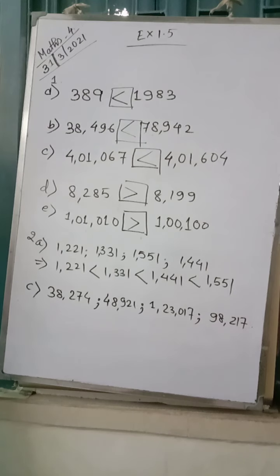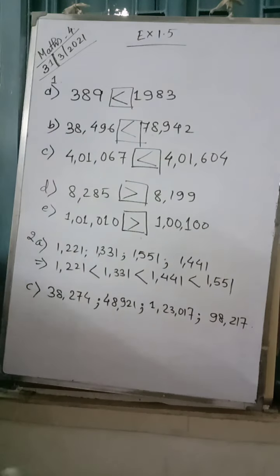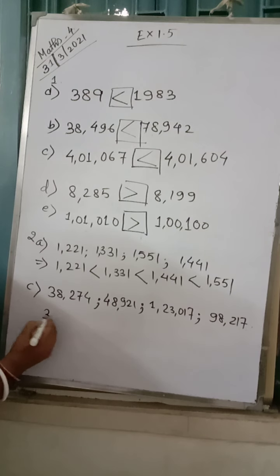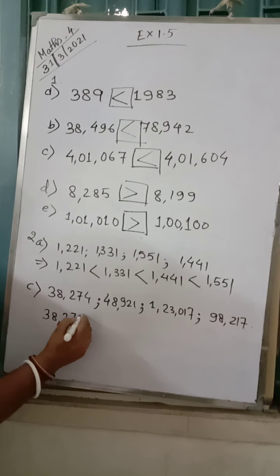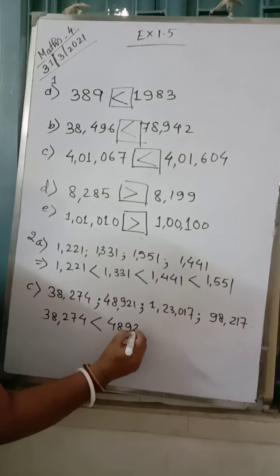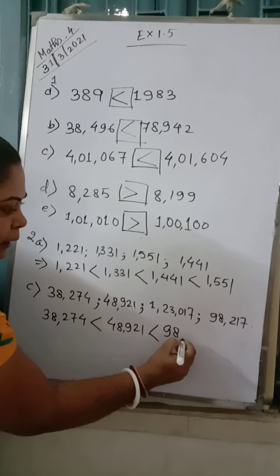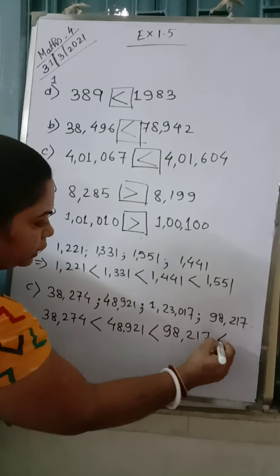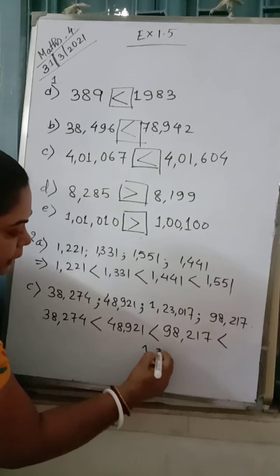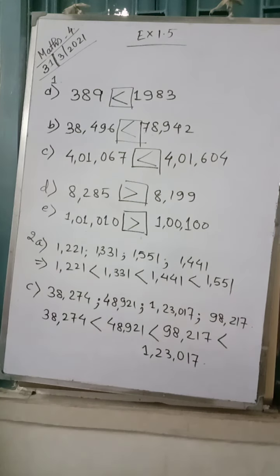Now what is the least number we have? 38,000, 48,000, 98,000. So this is 38,274 is less than 48,921 is less than 98,217 is less than 1,23,017. In this way, we write the numbers in ascending order.